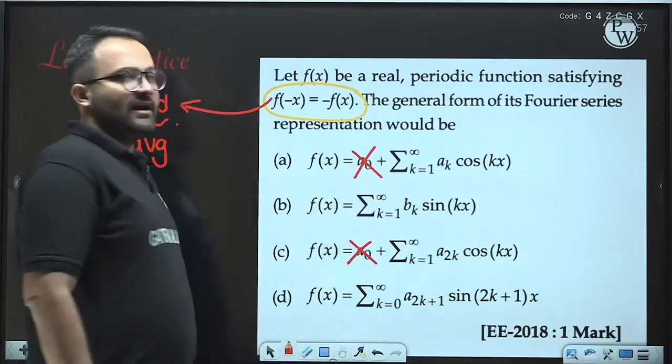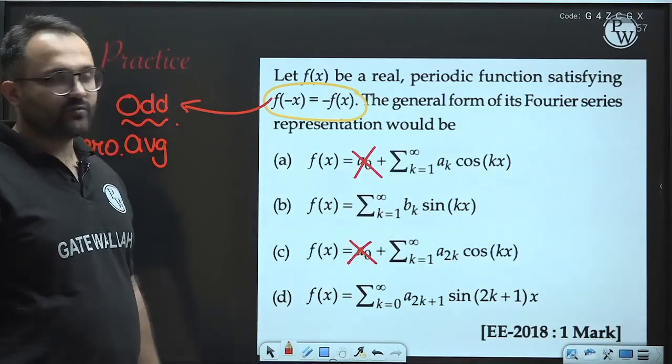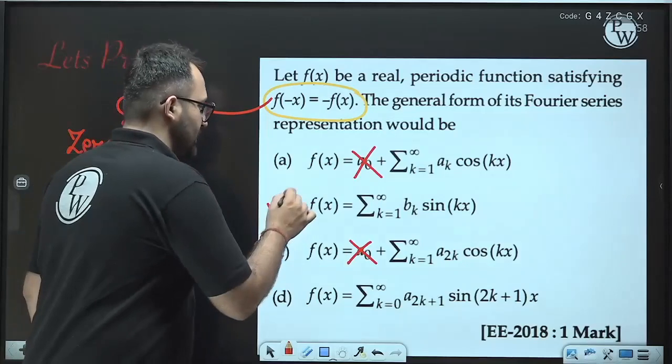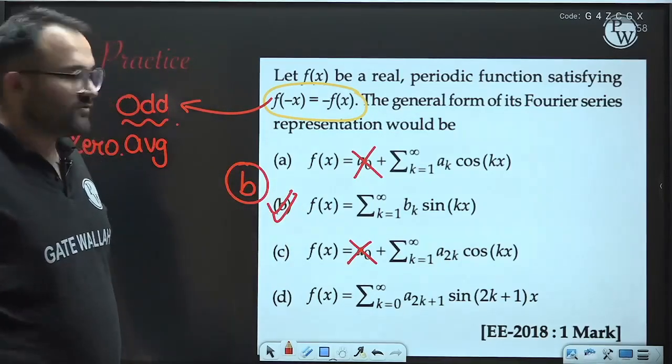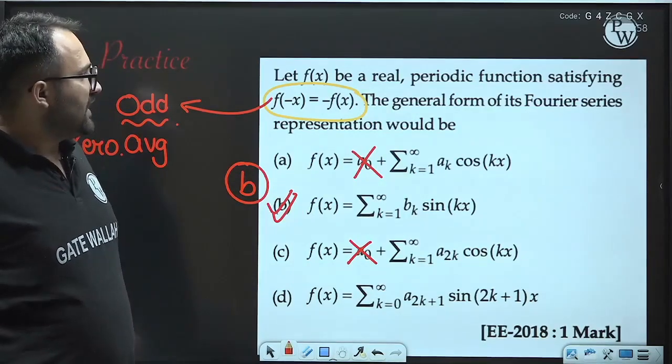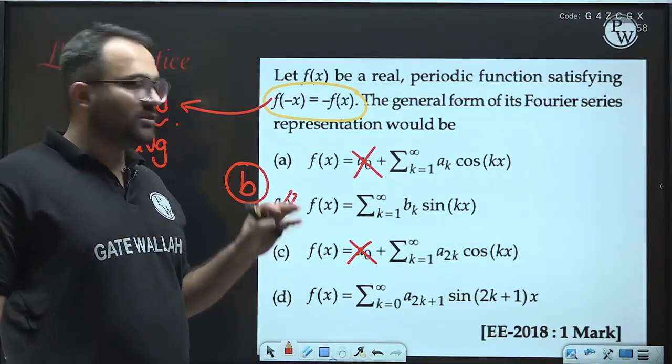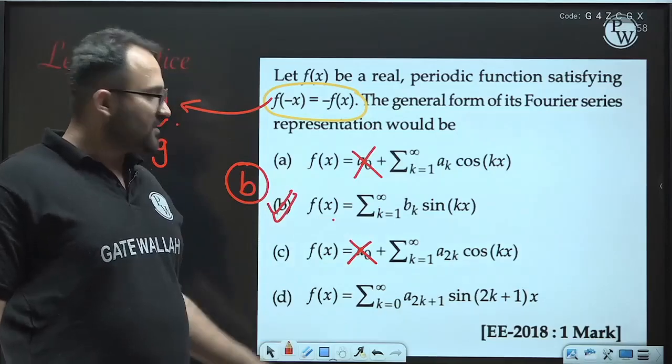An odd signal will have only sine terms. So B is the correct answer. And it is not half wave symmetric, otherwise it would have all the terms. That is, B is the answer, not D.